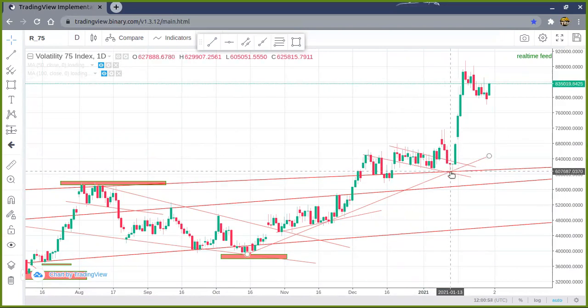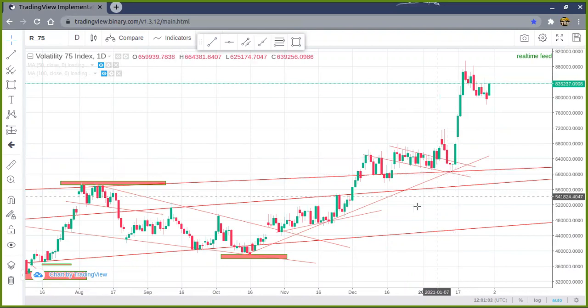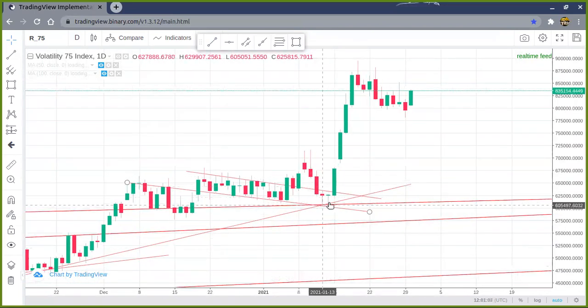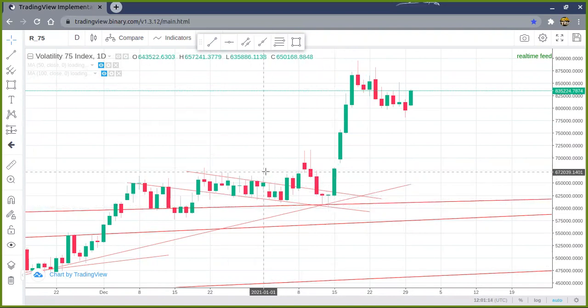After the pullback, we can take a trade based on the price action. This is a pin bar. So we have two pin bars and a double bottom. It's not so clear, but with a bit of experience in trading, you will understand that this structure is a bullish structure.